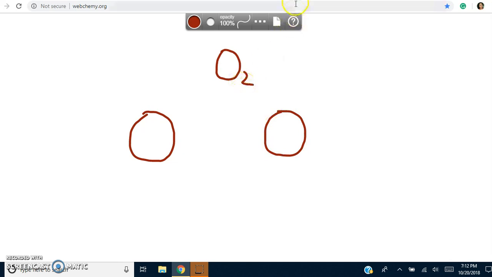Oxygen is in 6A, so it should have 1, 2, 3, 4, 5, and 6. Again, this is oxygen, so it has 1, 2, 3, 4, 5, and 6. Now, oxygen needs 8 electrons in order to be stable.